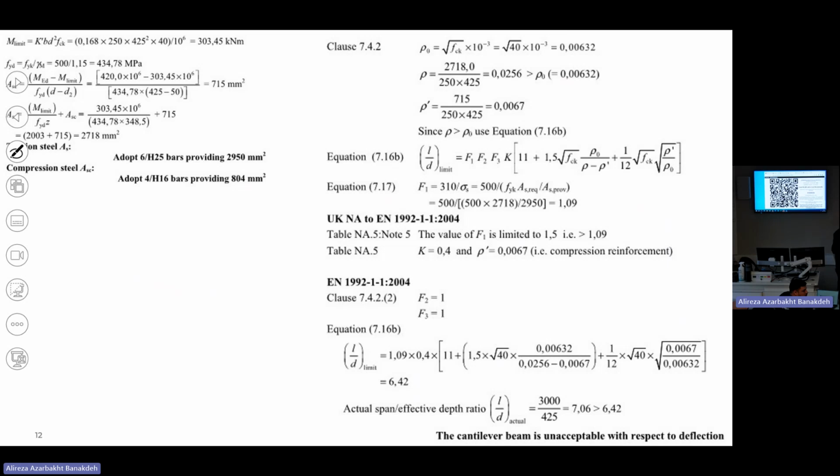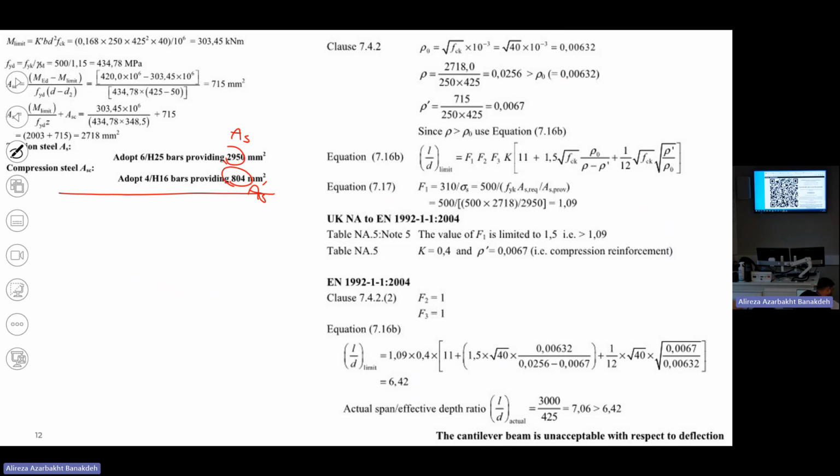Yeah, until here, it's the design for reinforcement. This is AS, this is AS, A prime S. It means tension and compression. You have two sets of reinforcement.